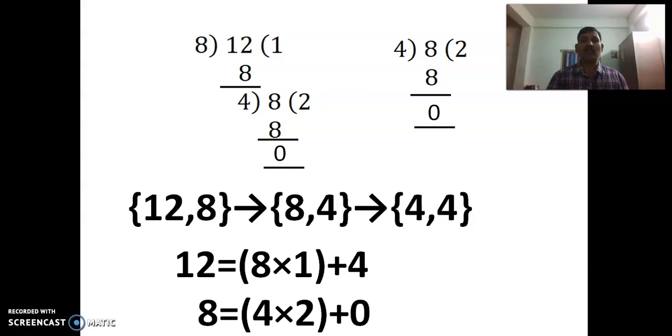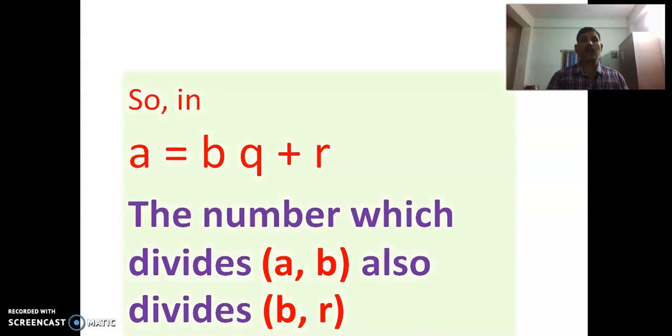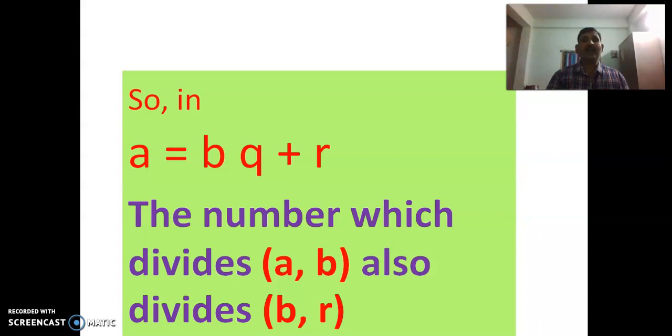From this we can understand that if a is equal to bq plus r, then if r is equal to 0, then b is the HCF of a and b. If r is not equal to 0, again we continue: b is equal to r q1 plus r2.